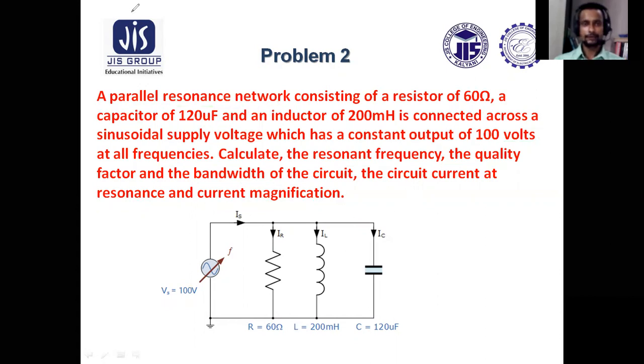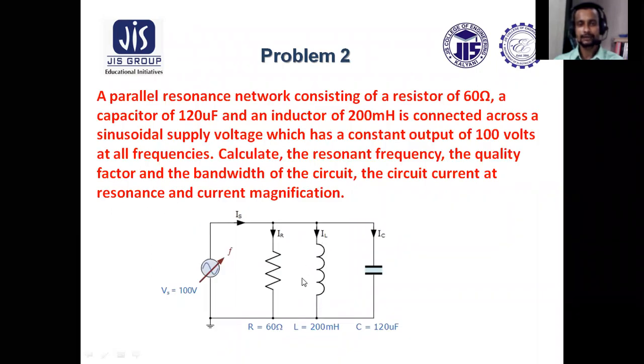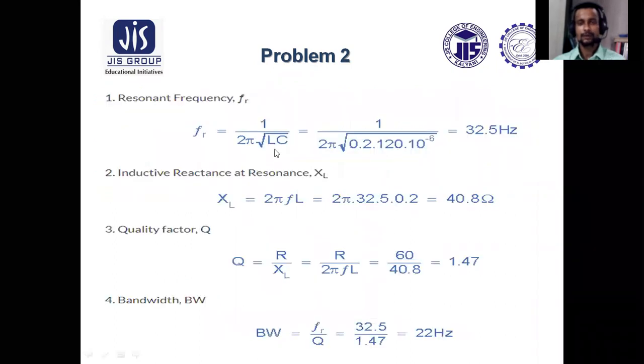Now these values are given. See, the formula for resonating frequency is 1 by 2 pi under root LC if the inductor has no resistance. So the inductor is shown here having no internal resistance. So this formula will be used for parallel resonance as well, which will give us, by substituting the values, a resonant frequency of 32.5 hertz.